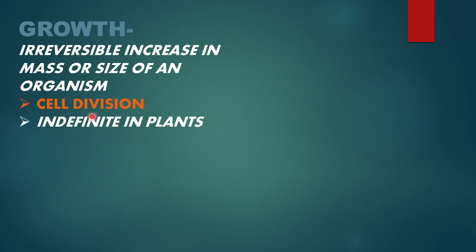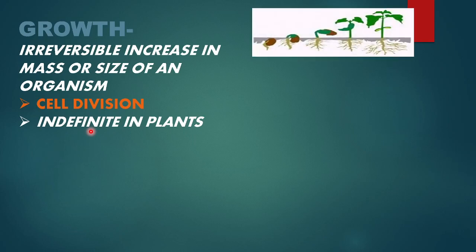Now, the growth in plants is indefinite. Indefinite in the sense that plants continue to grow. There is nothing like fixed growth in case of plants. They keep on growing. As you can see in this picture, the seed germinates, the plant starts growing, and it will keep on growing till its death.